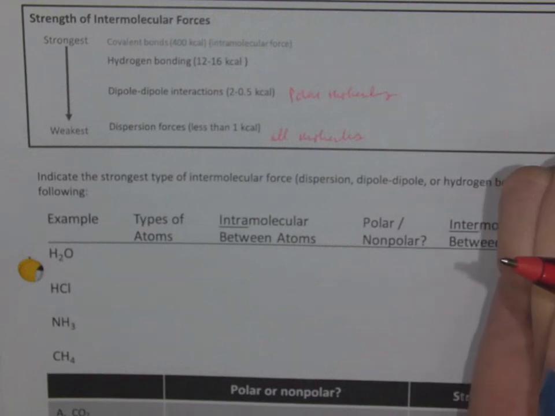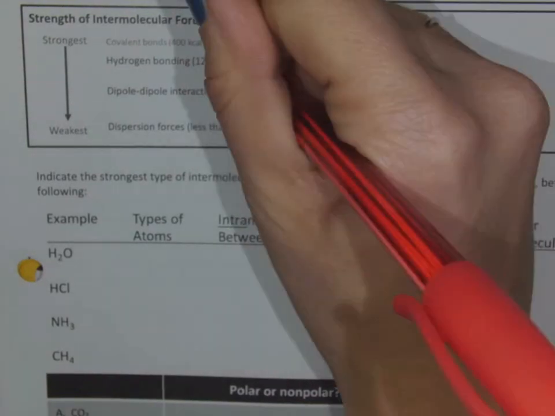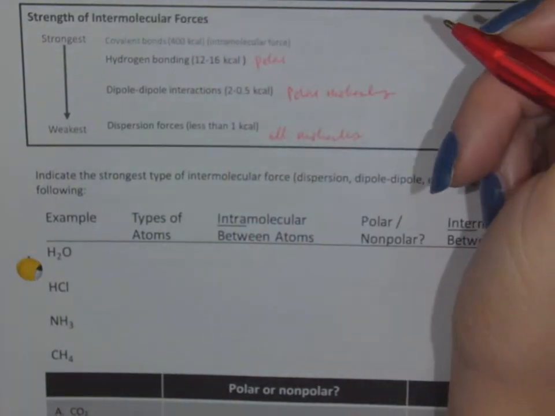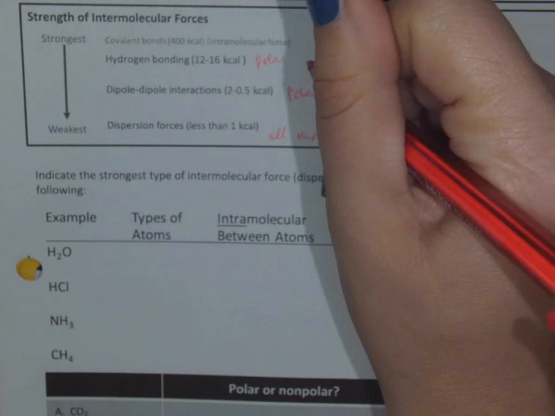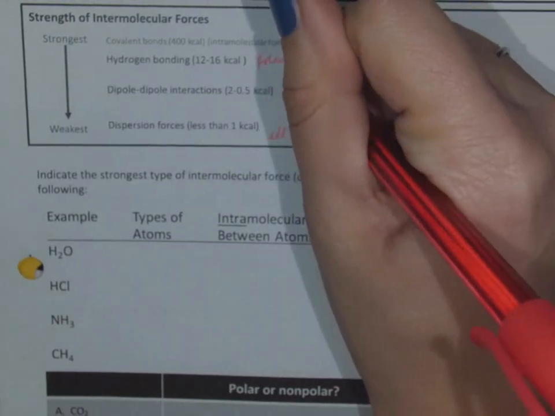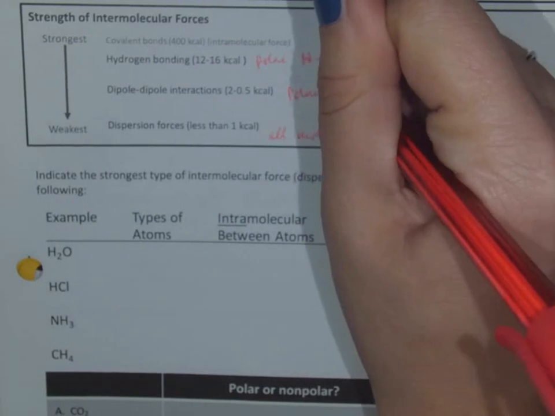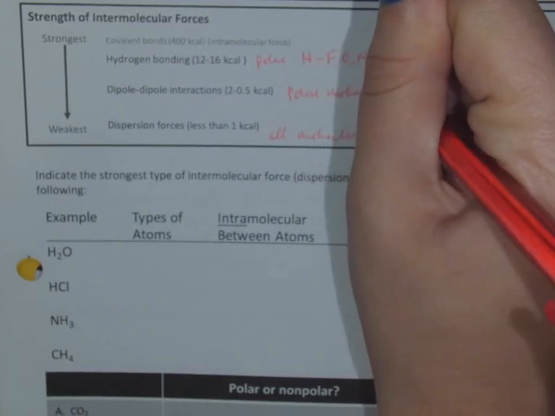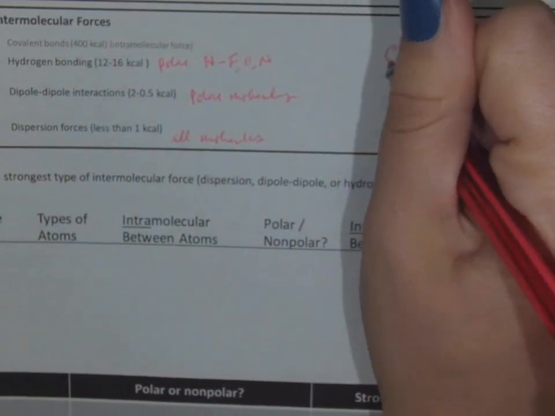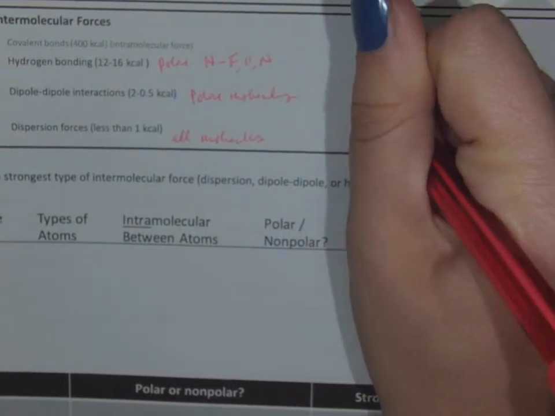And in order for a hydrogen bond to occur, the molecule needs to be polar, and there needs to be a hydrogen, and so as a bond inside the molecule, hydrogen needs to be bonded to fluorine, oxygen, or nitrogen. Okay, so water has hydrogen bonding.